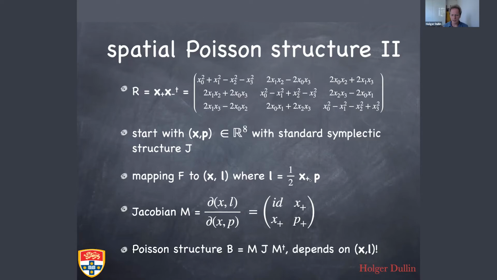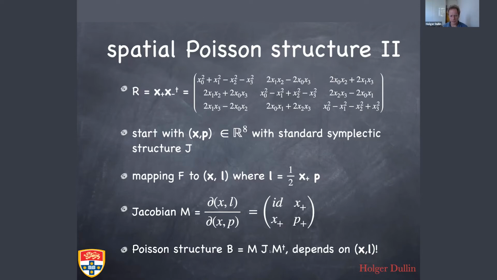And this now requires some thought why this is in fact true, but it is a simple map. So I'll just write it down here. So L is, again, this matrix x plus times p, this vector p with components p0, 1, 2, 3. And then you have a Jacobian of this map, which is, again, straightforward. And now you just do a coordinate transformation of your equations that live in this R8 to equations that live in this R7.